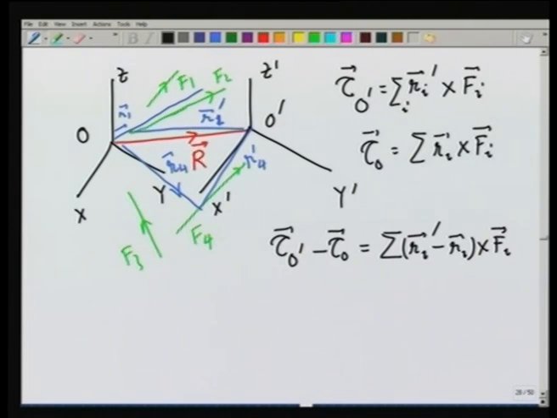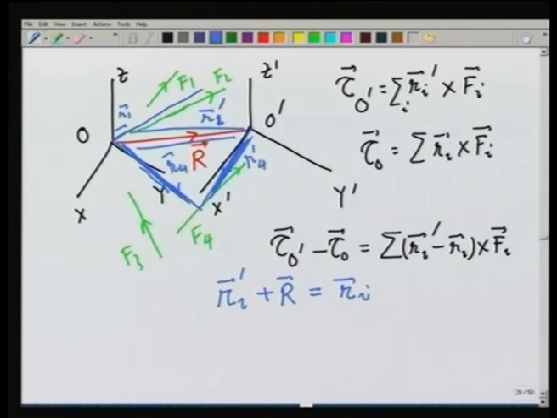And from the figure it is clear that this is R 4 prime, this is R and this is R. So, R I prime plus R is equal to R I, like R 4 is equal to R plus R 4 prime.